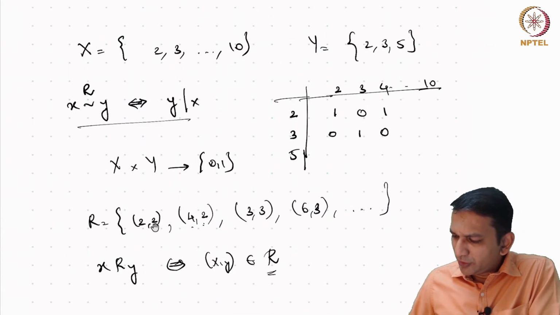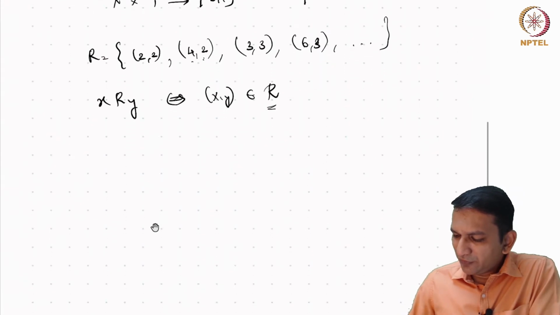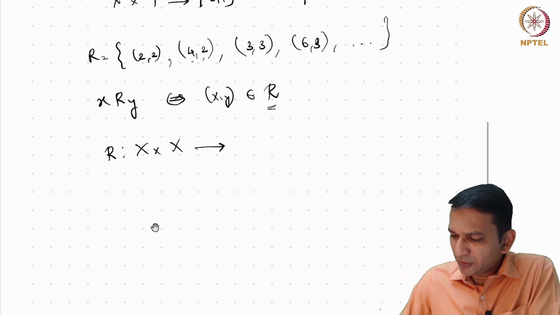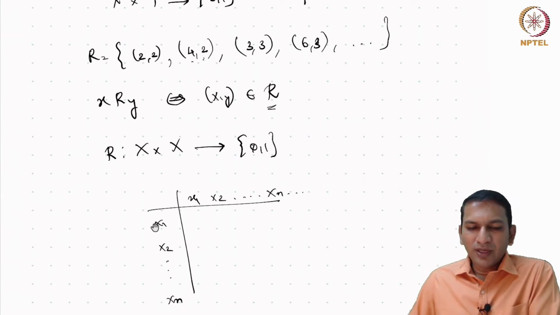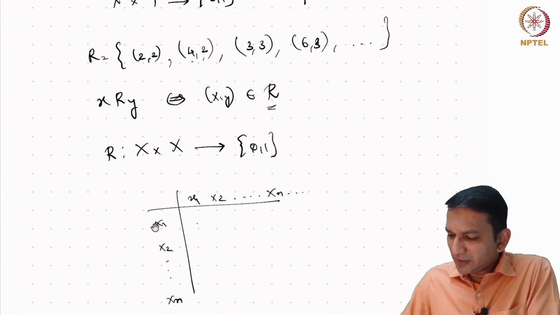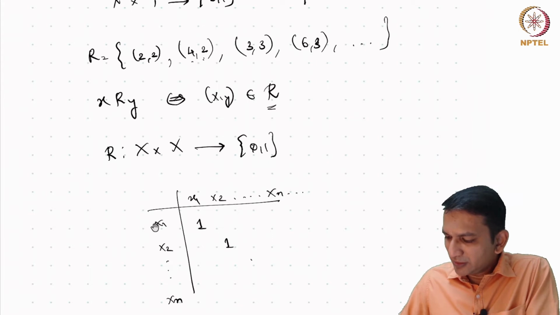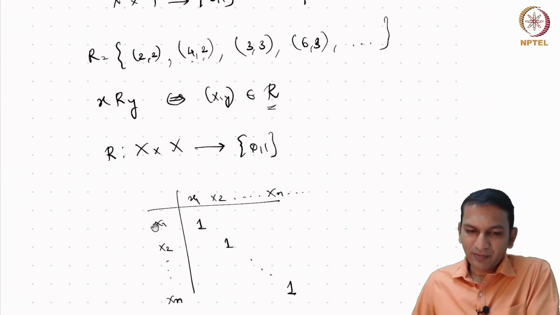Now, also note that if we are looking at R as a mapping from X cross X to {0, 1}, we know that it could be written in the form of a matrix, if we list out the elements of X. Note clearly that reflexivity means in this matrix the diagonal becomes 1.